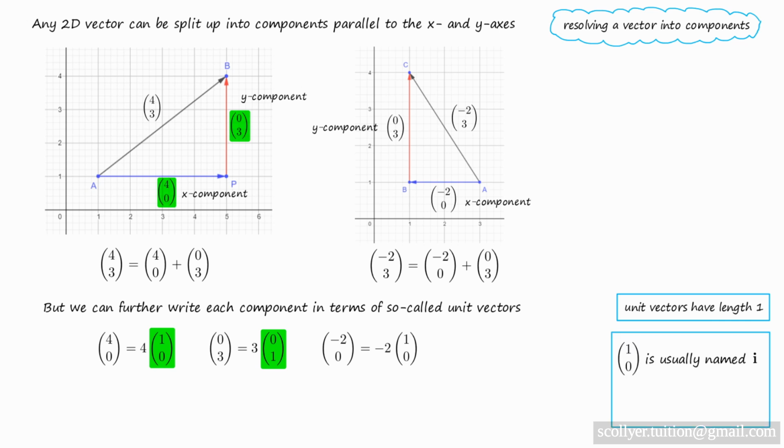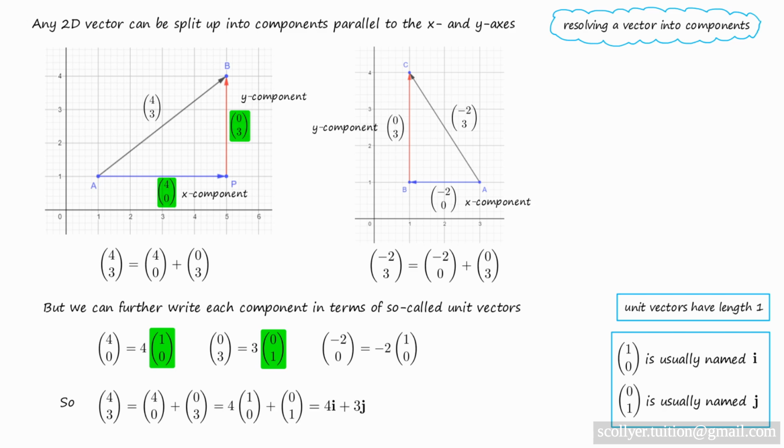The 1, 0 unit vector is usually called i, and the 0, 1 unit vector is usually called j. And so we can write 4, 3 in terms of unit vectors as follows. So 4, 3 becomes 4i plus 3j, and similarly minus 2, 3 can be written as minus 2i plus 3j.